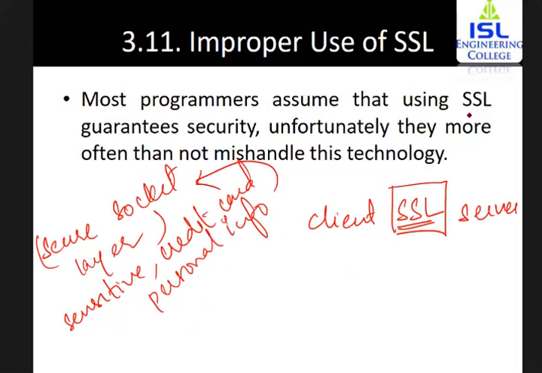Most programmers assume that using SSL guarantees security. Unfortunately, more often than not they mishandle this technology. Now, what does this mean? We make use of secure socket layer, and before secure socket layer, we made use of TLS. What is TLS?